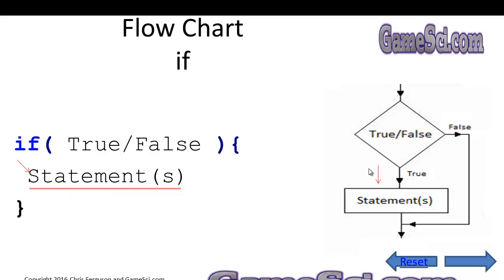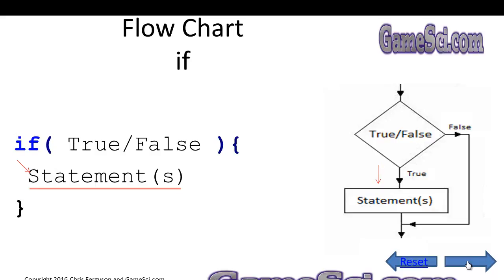On my flowchart, it's showing, take this path that says true and follow this arrow down to the block of statements and execute it. So what the flowchart is showing you graphically is what's going to happen when this evaluates to true. It's going to come down to this block of statements.